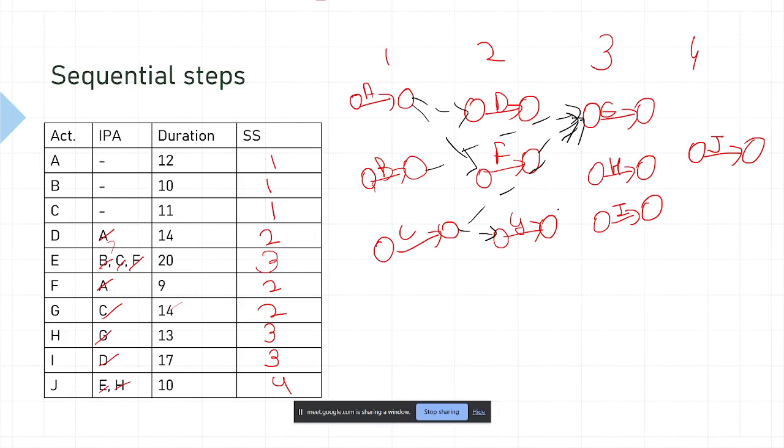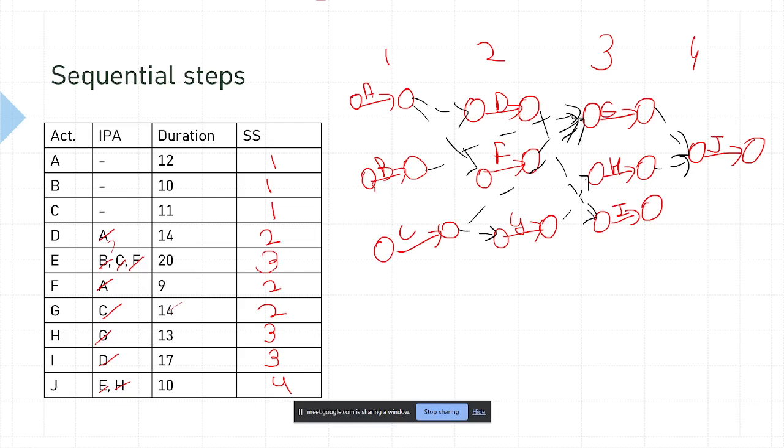H is connected to G. I is connected to D. Then we have got J. J is connected to E and H. Right? Did I miss any connection? Oh, no, sir.